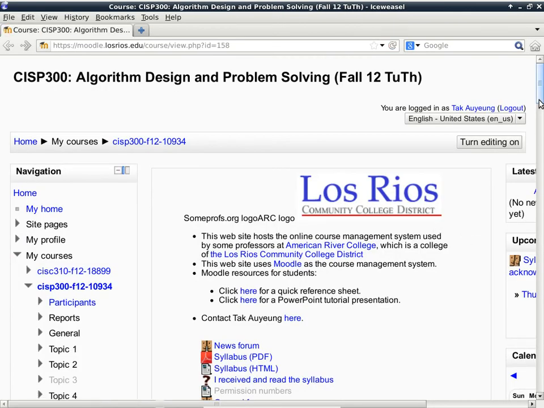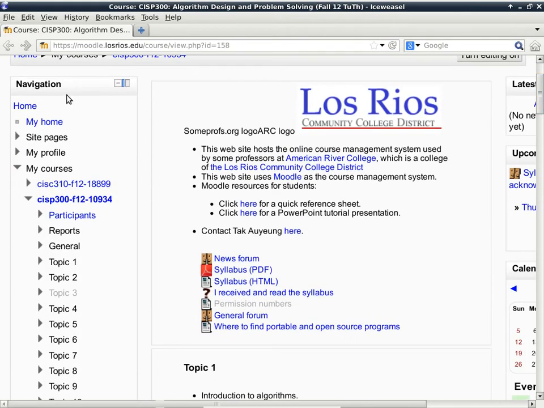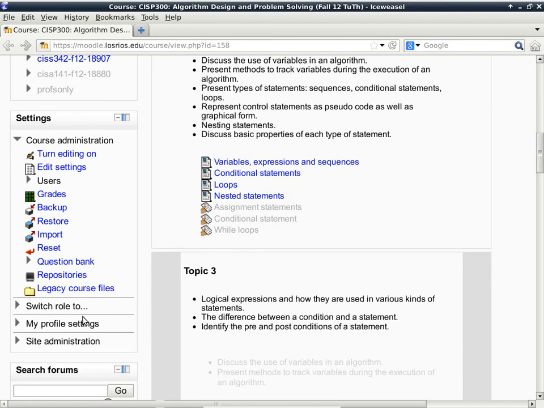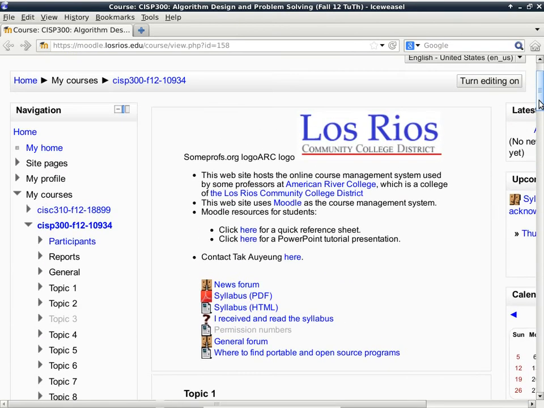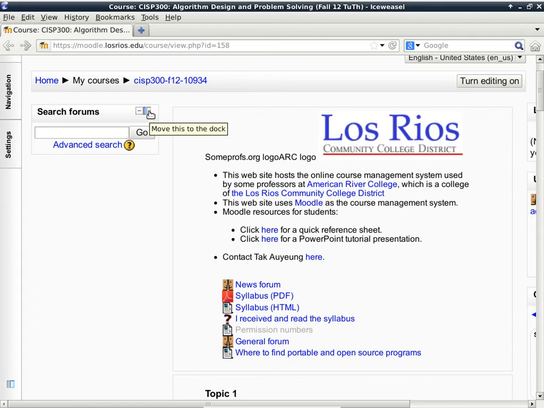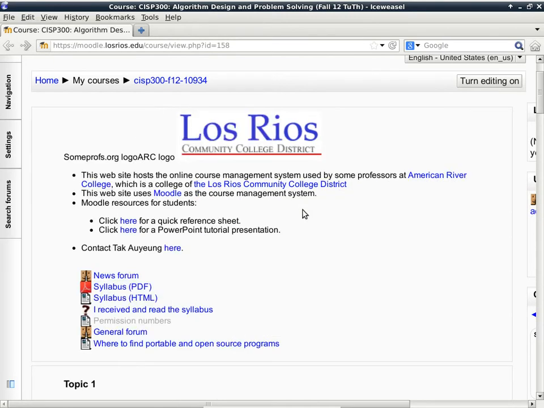And here's the class. Now, if you find that the navigation panel is just taking up space and it's not being very useful, and so are the settings and the other stuff, what you can do is dock it. To dock it, you just click this button here, move this to the dock, and you just move everything to the dock, and now you have a much bigger area to view the content of this course.